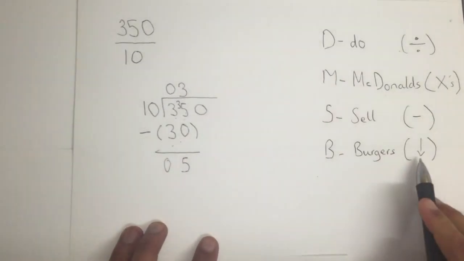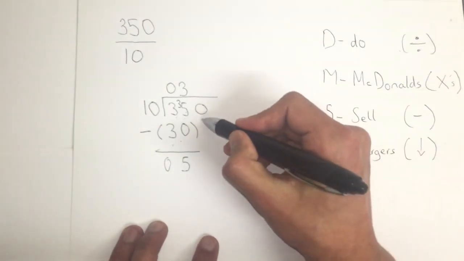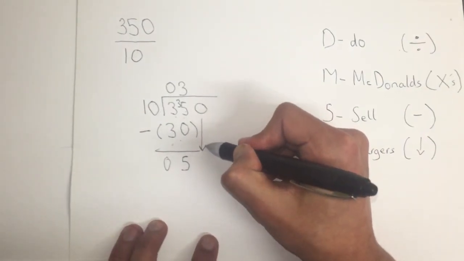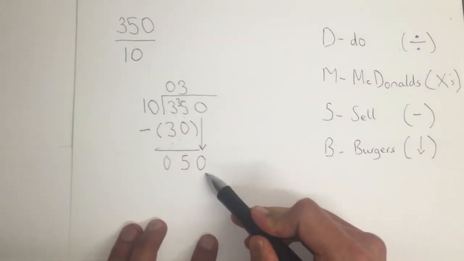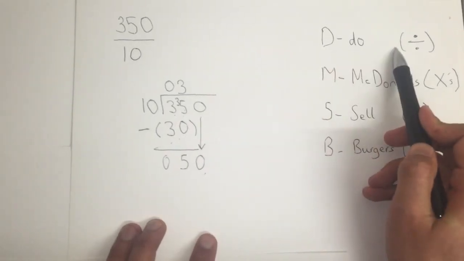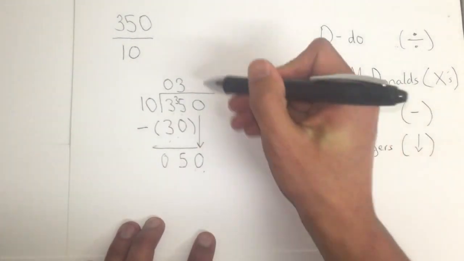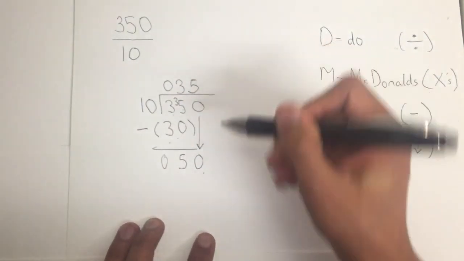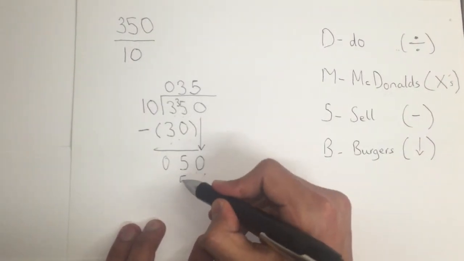And now moving on to the bringing down part, what we do for that is this 0 over here, we just simply bring it down here. So as you can see, this is 50. Now we repeat the process. This is the division. So now we do 50 divided by 10, which is 5. The timesing, 5 times 10 is 50.